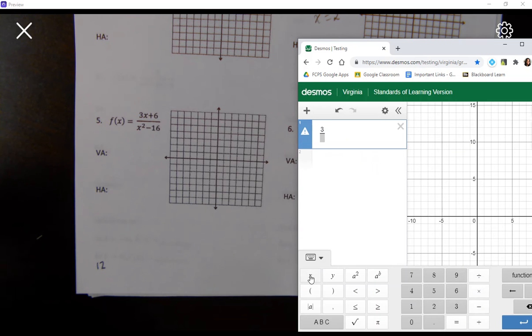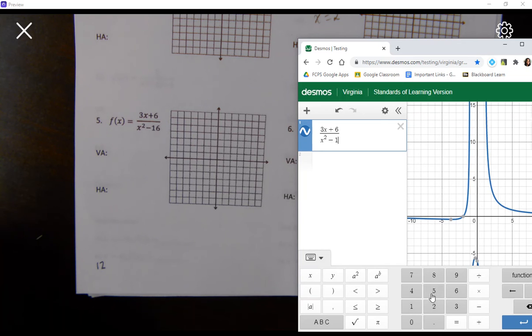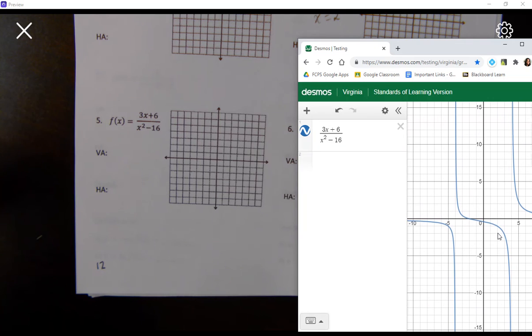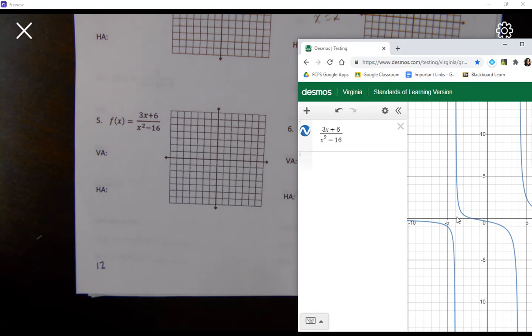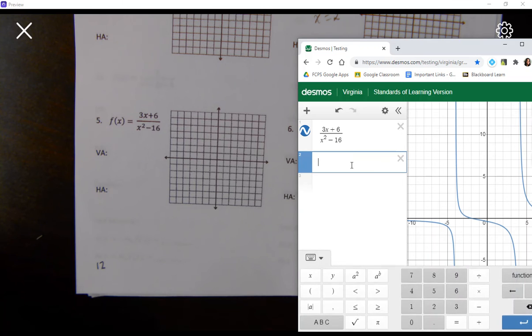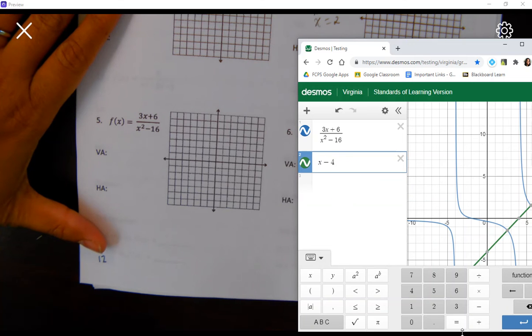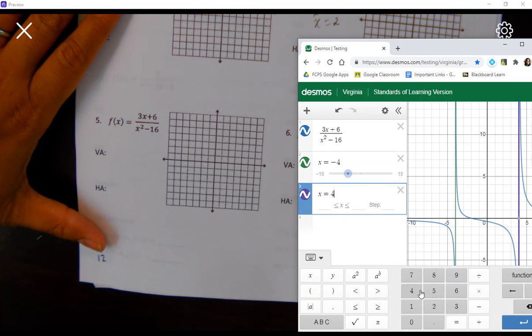So you have 3x plus 6 over x squared minus 16. Okay, so let's do the vertical. So the vertical is x equals negative 4, and x equals positive 4.